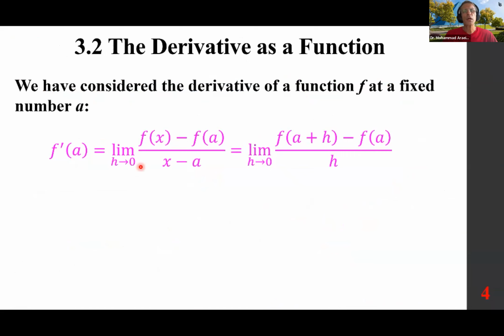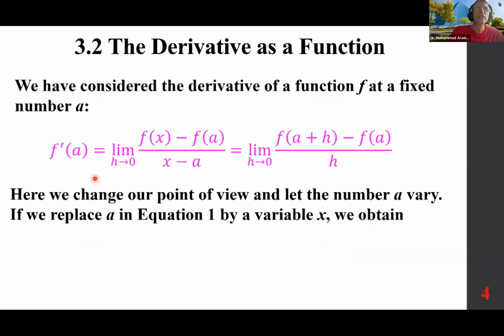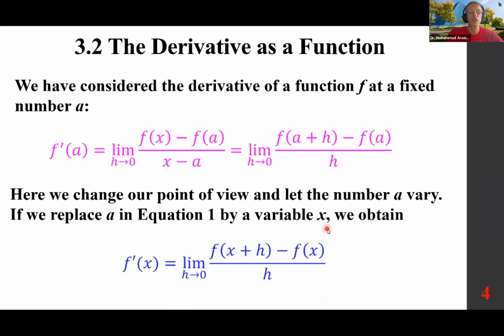So this is f prime of a, the derivative at a specific point. If you recall the last question we did, I kept it at a instead of changing the a to a specific number. And that really is the concept known as differentiation in general. Here we change our point of view and let the number a vary. If we replace a in equation 1 by a variable x, we obtain the following: f prime of x, rather than f prime of a, is the limit of f of x plus h minus f of x over h as h approaches 0.